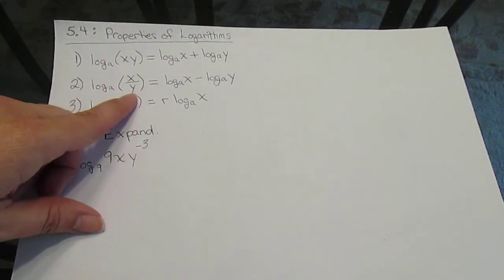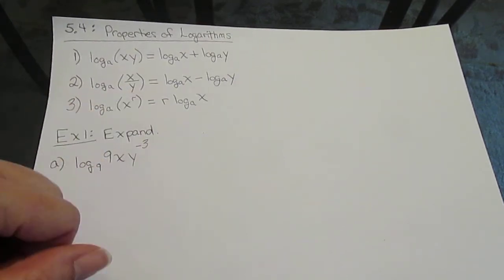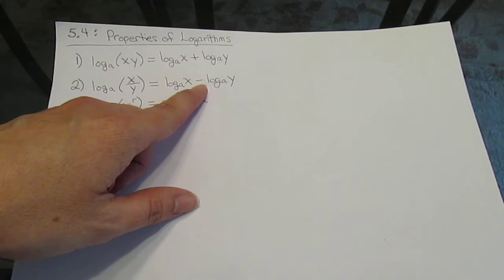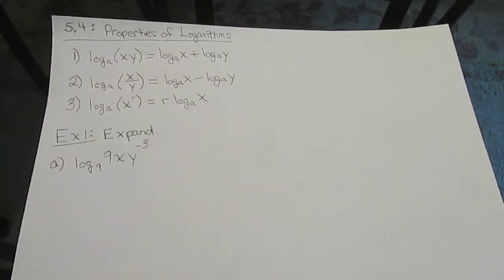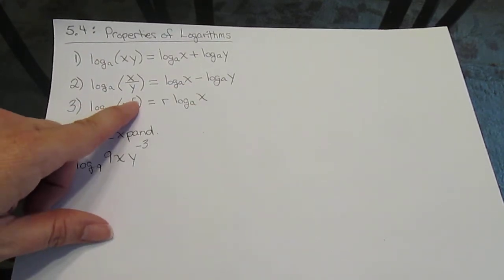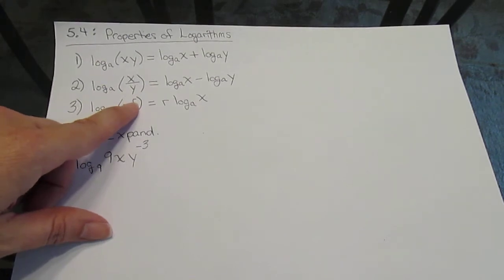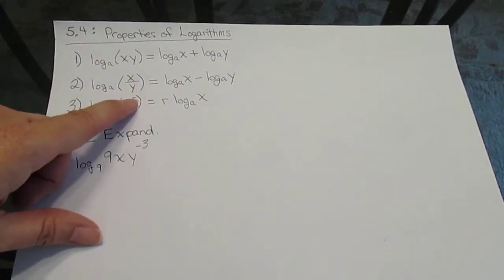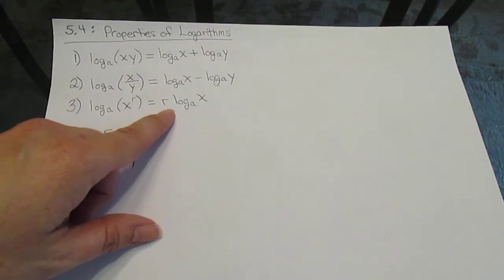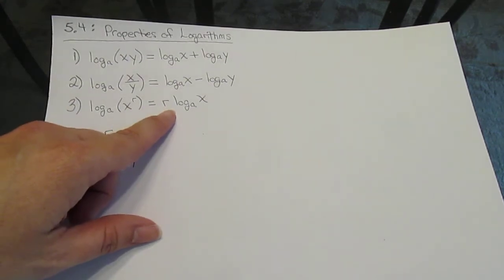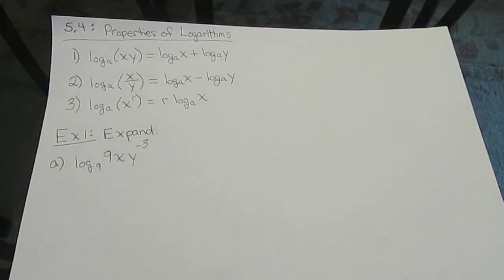If you see division, you can break it apart using subtraction. And this last one, if you've got a power, your number is to a power inside here, you can bring the power down in front of the log. So we're going to use all of these properties in our few examples that I'm going to show.